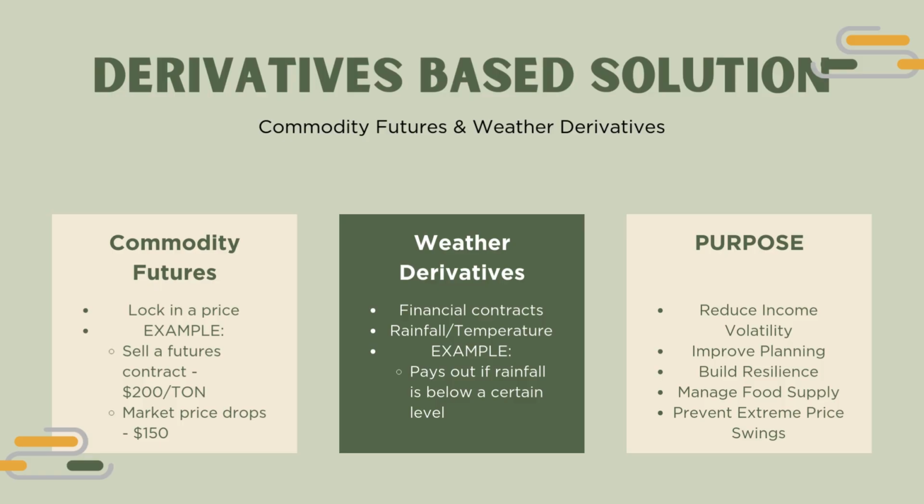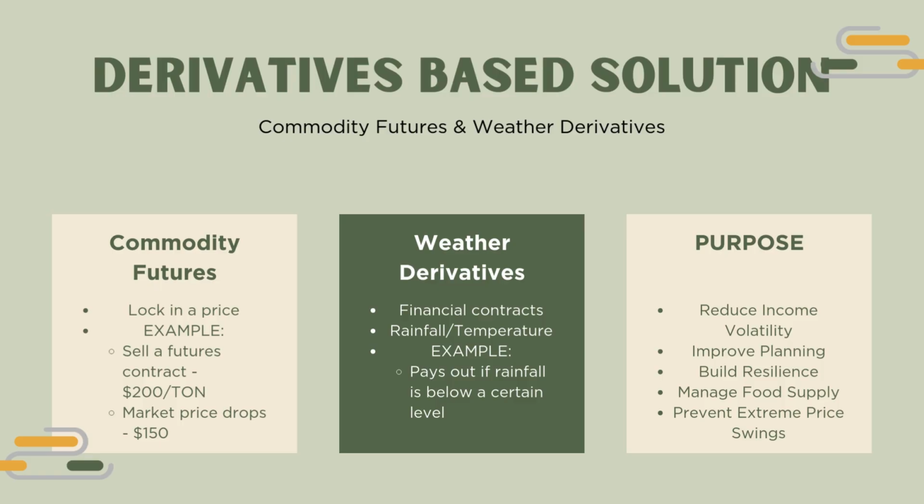Second, weather derivatives. These are financial contracts linked to weather outcomes such as rainfall or temperature. For example, a farmer could buy a weather derivative that pays out if rainfall is below a certain level. It acts like insurance, compensating them for losses when extreme weather hits.